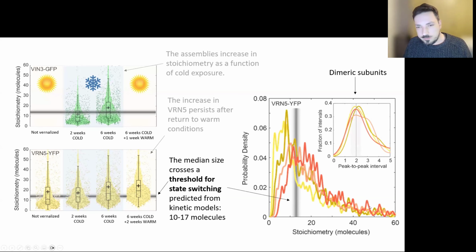If we look at this in a kind of orthogonal way, so we're looking at the Vern5 number of particles per assembly, number of molecules per assembly, you can actually see that we can see individual subunits down to dimers and individual molecules, but we can tell that these are particles made of individual head to tail polymerized dimers of Vin5 and potentially Vin3 as well. So this is very much in line with our expectations.